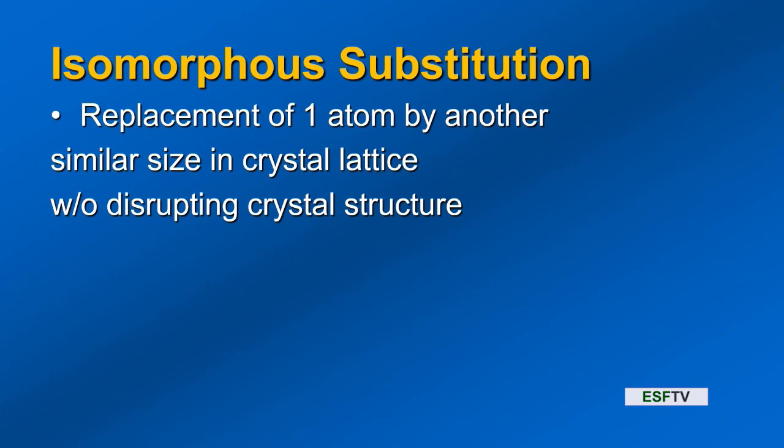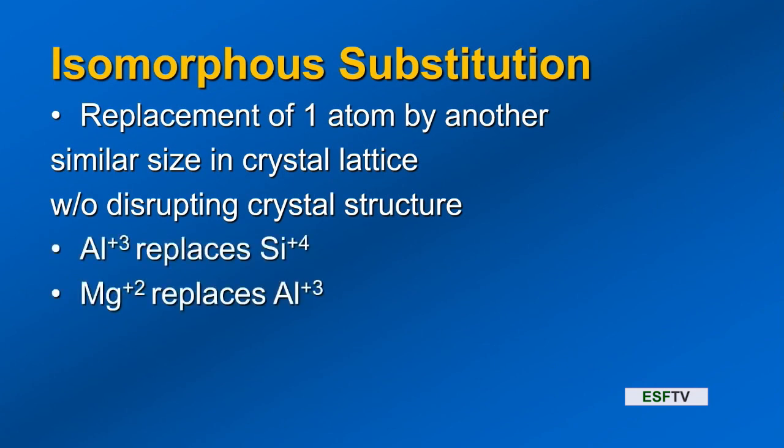You can replace one atom by another of similar size without disrupting the crystal structure. So if I want to replace a magnesium with aluminum after this crystal is all made, you can replace that and the structure will stay the same because they're about the same size.